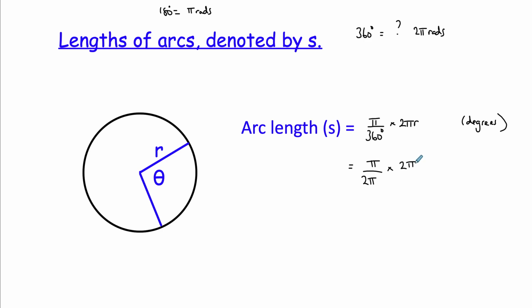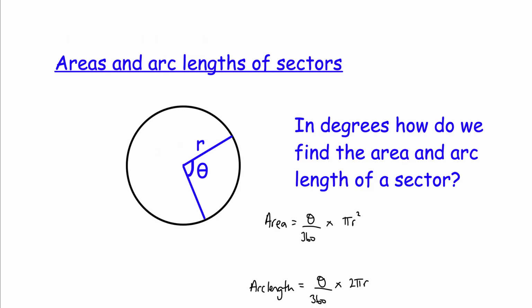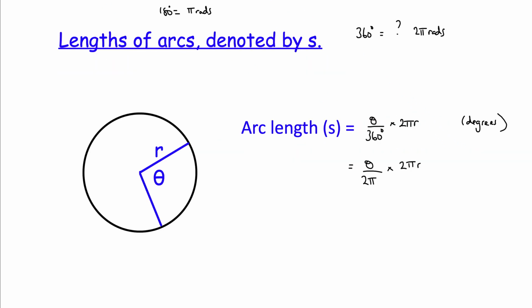Sorry, I've written a pi there, and that should say theta. What happens is we can cancel some terms out. I can cancel the 2 pi on the top and the 2 pi on the bottom. So the arc length, which is often given the letter S, but you can just write arc length, is just equal to the angle in radians times the radius of the circle.